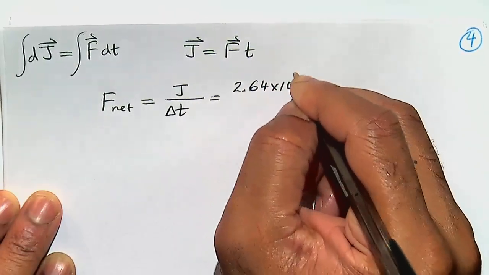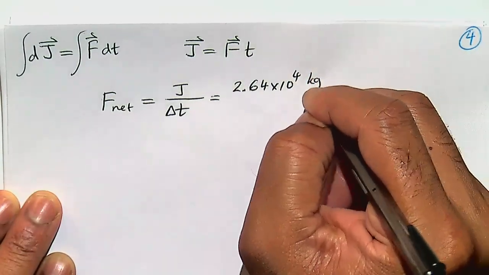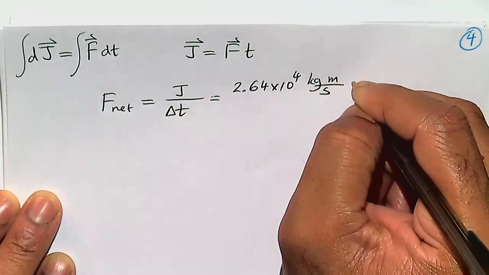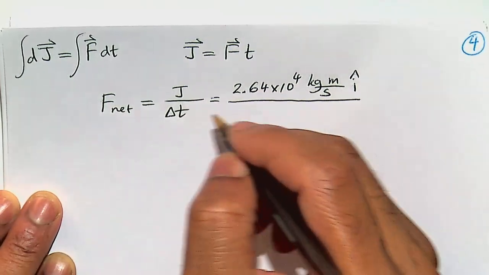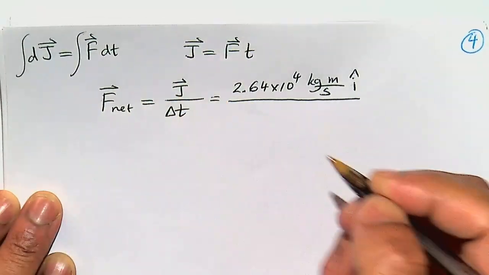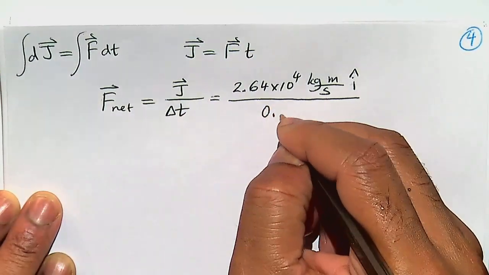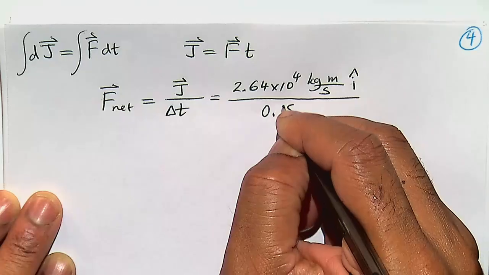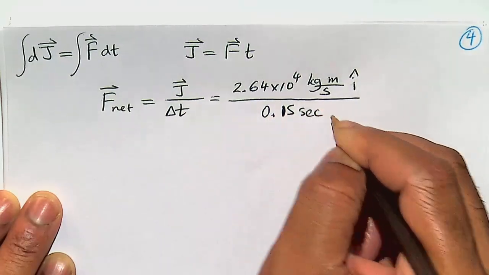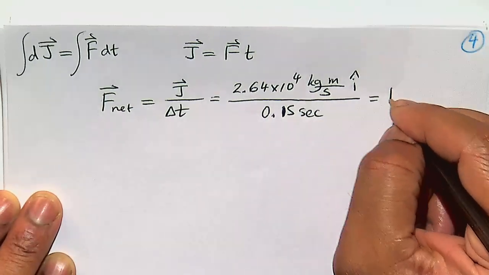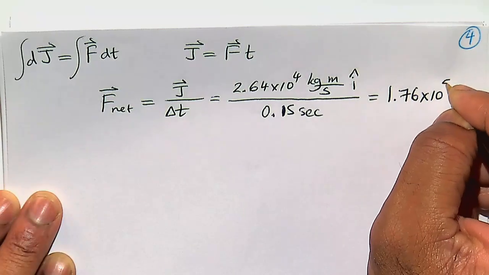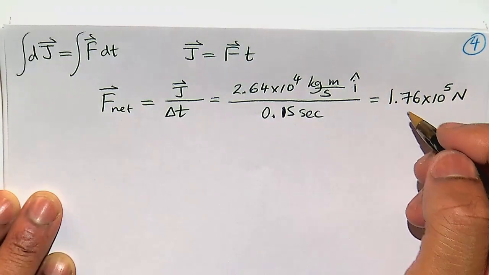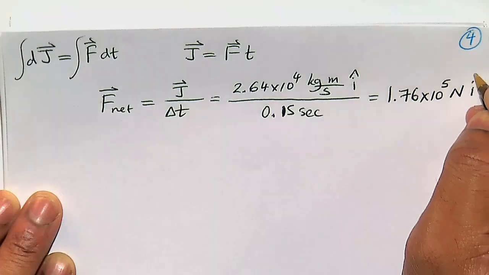2.64 times 10 to the 4 kilograms meters per second, I hat, if we want to keep track of the directions. And then we'll take the duration, 1.5 seconds, and that gives us 1.76 times 10 to the 5 newtons in the I hat direction.